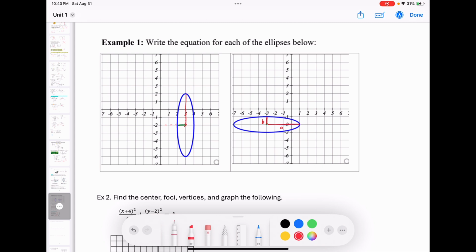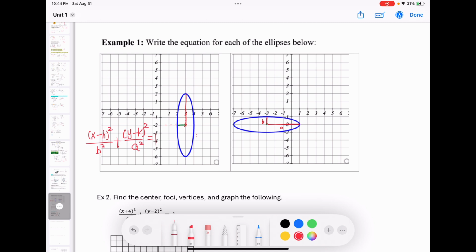Every time, we put the formula here: x minus h squared, and I don't know what is on the bottom yet, plus y minus k squared is equal to 1. Let's put the a squared and the b squared under these two parts. I should put a squared under the y because the major axis is a vertical line, and then I can put b squared under the x.